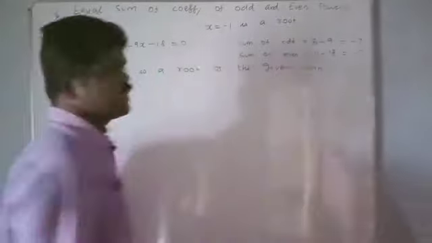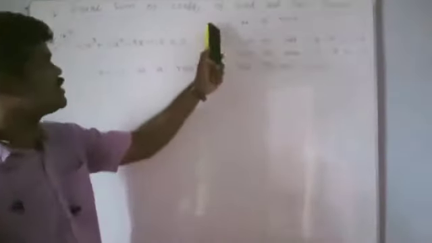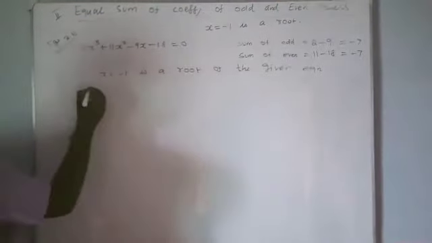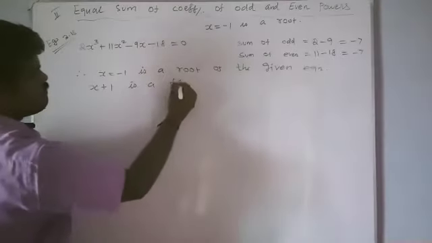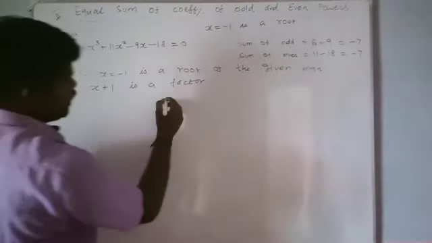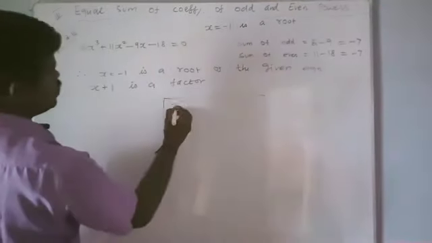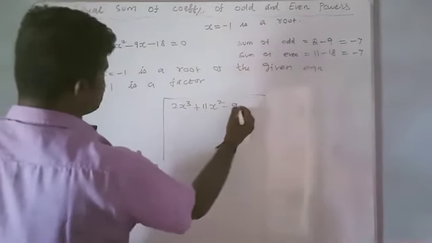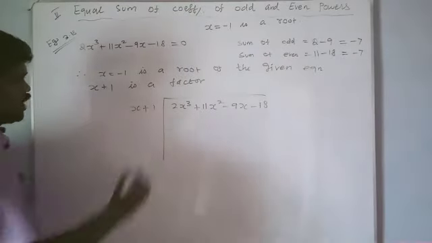So this is the second type: sum of the odd powers and sum of the even powers are equal. Therefore, x equal to minus 1 is a root. The factor is x plus 1. Now we want to divide the given equation 2x cube plus 11x squared minus 9x minus 18 by this factor, x plus 1.